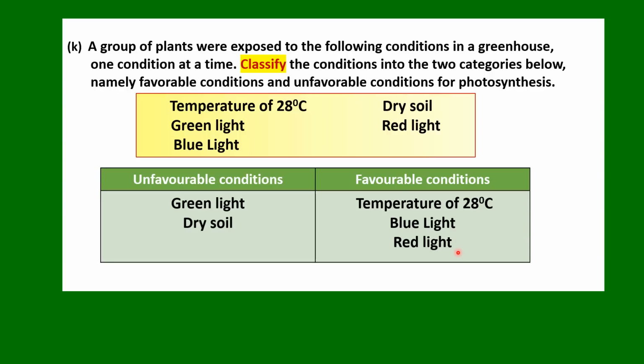Blue light and red light are both mostly absorbed by the plant, because the chlorophyll absorbs blue and red light well. So that will provide energy for the plant cells to carry out photosynthesis and for the photolysis of water. Right, so this is the way that we can write the answer for a classification question.